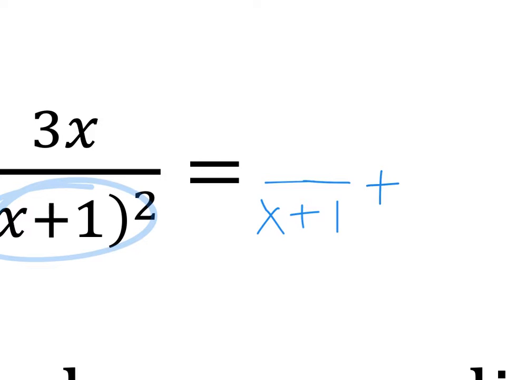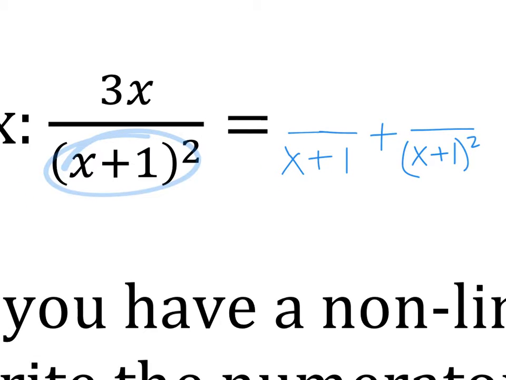And then you add the same factor, but to the second degree, and you keep going until you meet the highest degree. For example, so this is where it gets really crazy.